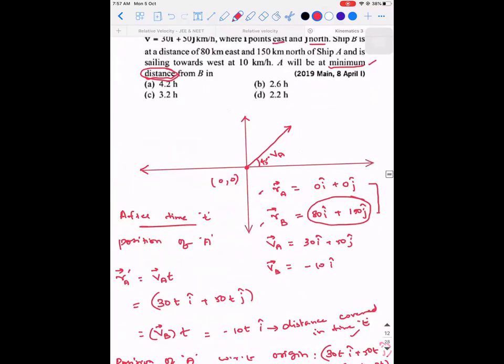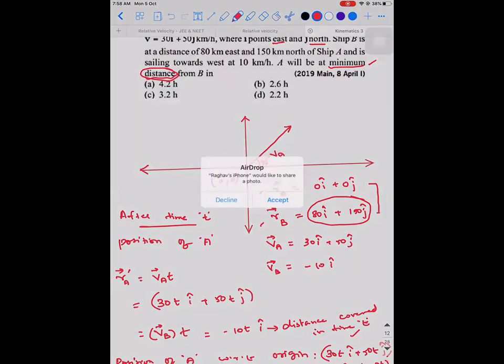I just got a 2020 question. I'm going to display the question. See, try to solve it.